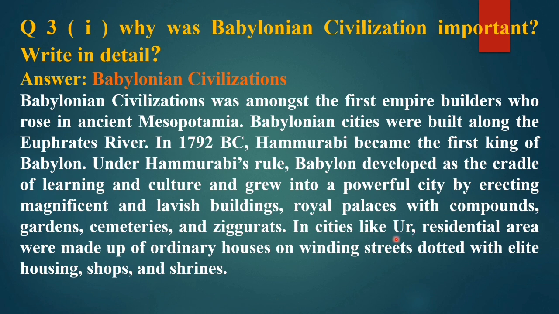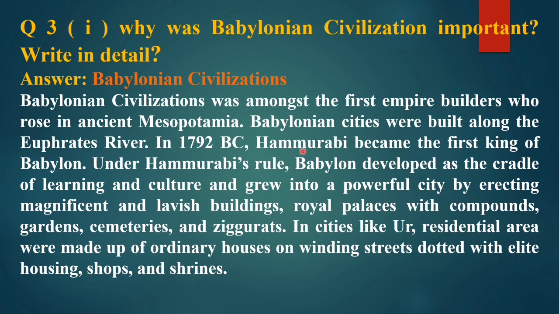Such cities, like our residential areas, were made up of ordinary houses on winding streets dotted with elite housing, shops, and shrines. These were the Babylonian civilization.